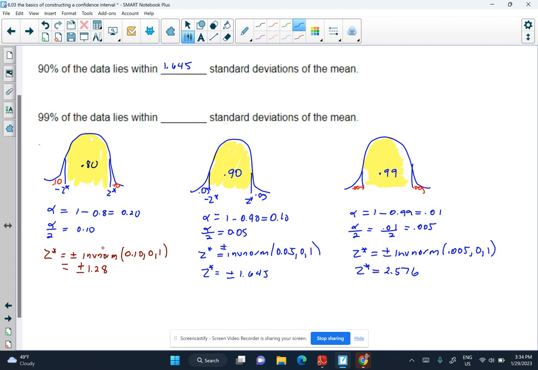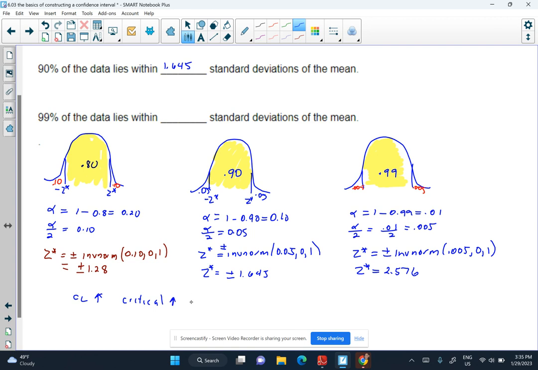And I want you to notice something. As our confidence level went from 80 to 90 to 99, the critical values increased. So as your confidence level went up, your critical values increased.